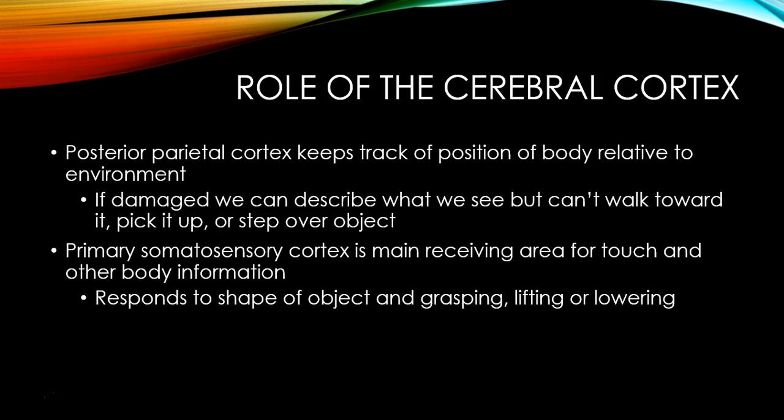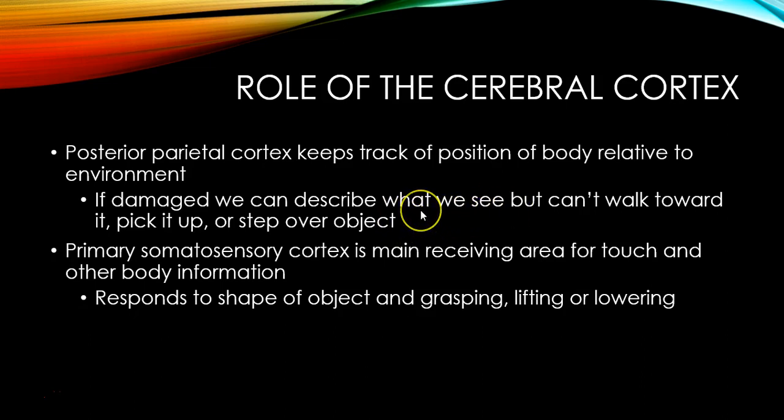Other aspects of the cortex that are important in movement: the posterior parietal cortex, so the back of the parietal cortex, keeps track of your position in space. We talked about visuospatial processing and where your body is in space. And so if the posterior parietal cortex is damaged, you can see an object, but can't figure out how to actually pick it up or step over it.